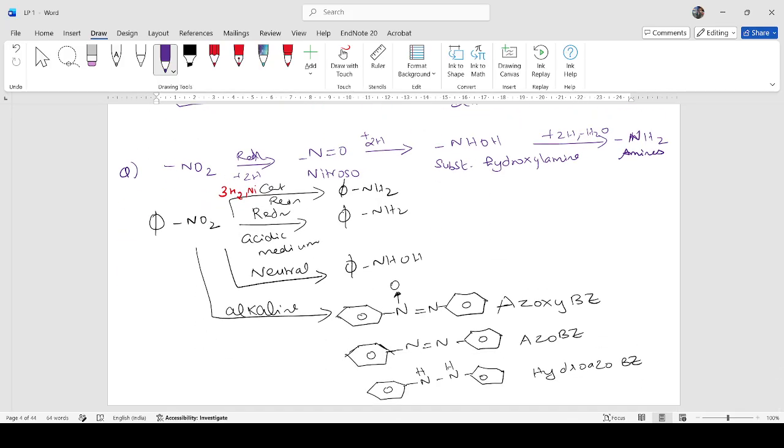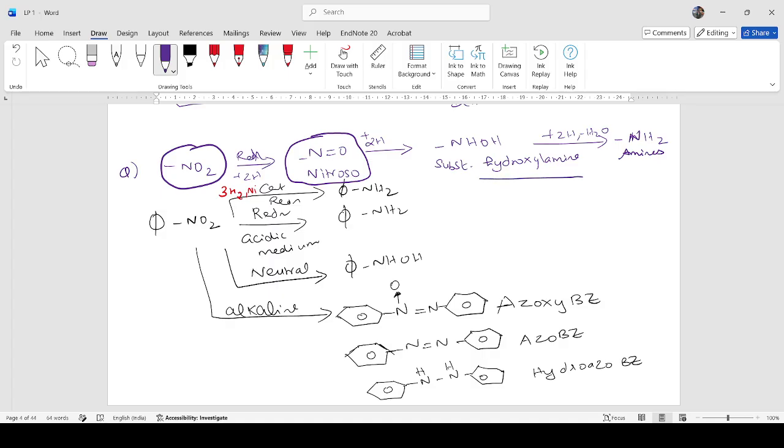I'm having nitro here. When I reduce nitro groups in different steps, the first reduction makes it go to nitroso, NO group. From NO2, it becomes NO. The next reduction goes to hydroxylamine, substituted hydroxylamine.